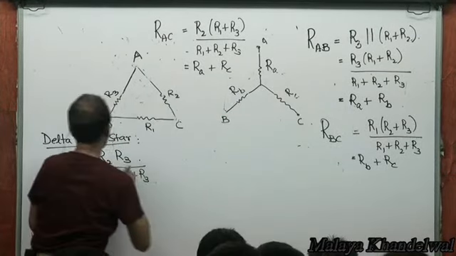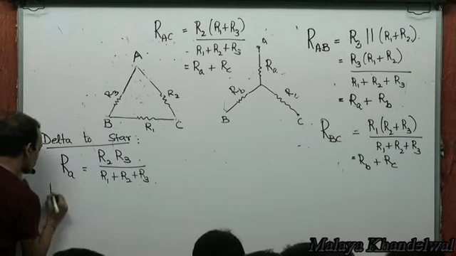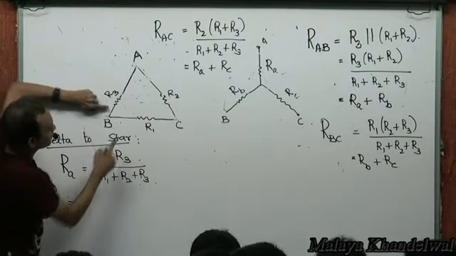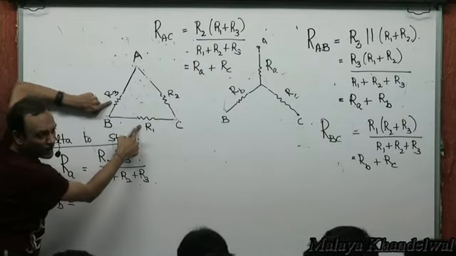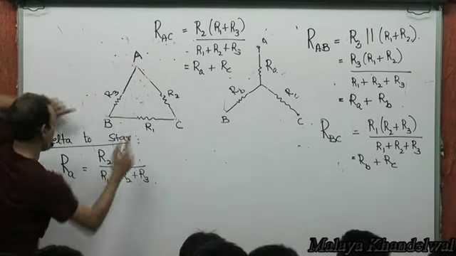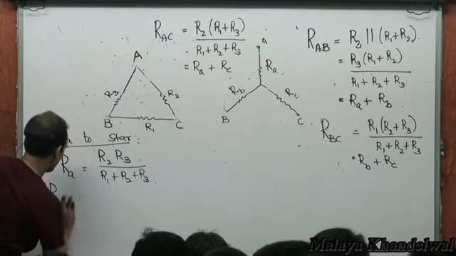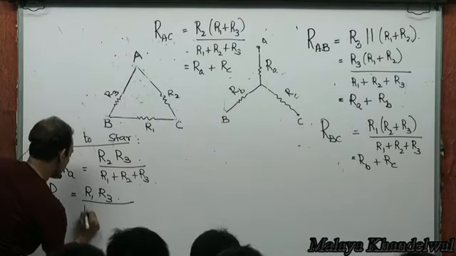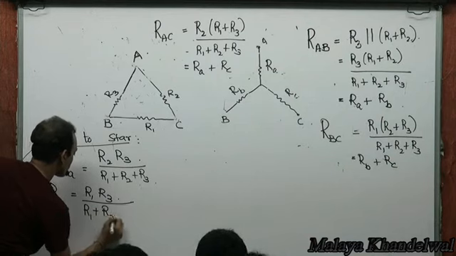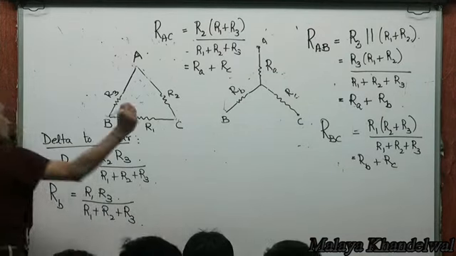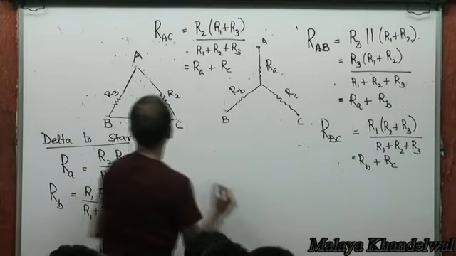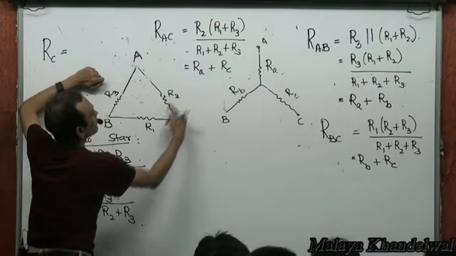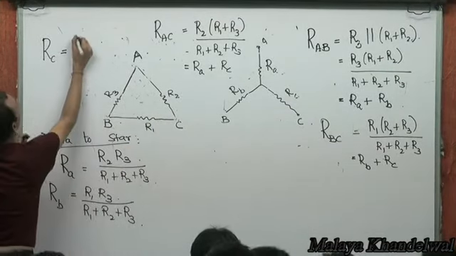If you want to find RB, that means the resistance coming from B, then go to B here. Look at the two adjacent resistors, R1 R3 by R1 plus R2 plus R3. Similarly, RC, go to C here, R1 R2 by R1 plus R2 plus R3.